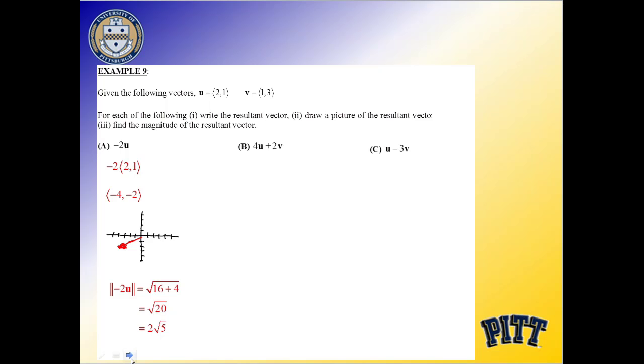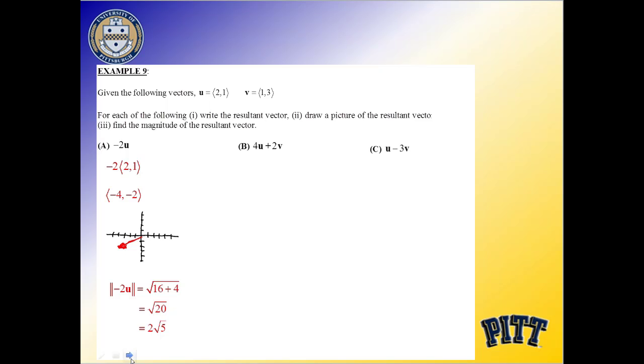Most textbooks do use the double bars, whereas other textbooks use single bars. I think Axler actually uses the double bars, which is one of the things he does that's consistent with other textbooks. I have seen other textbooks just use a regular absolute value symbol, with the understanding that the person watching or doing the work realizes that if they're dealing with a vector, magnitude is comparable to an absolute value. Be that as it may, I would just perform the Pythagorean theorem on the two components of the vector and come up with the magnitude. So in this case, it would simplify and rationalize out to be 2 times the square root of 5.